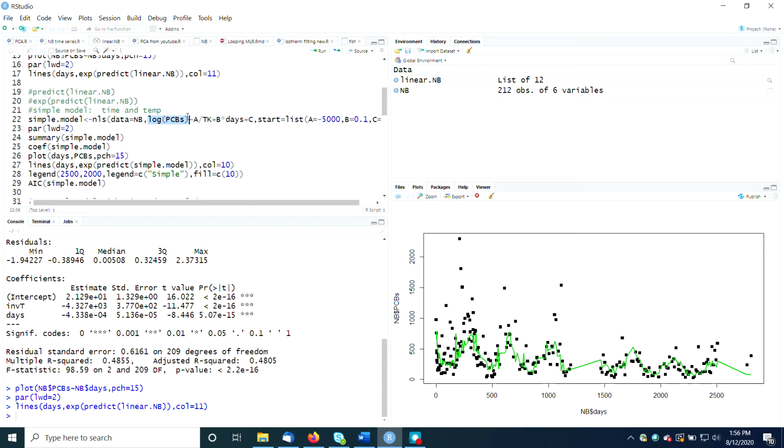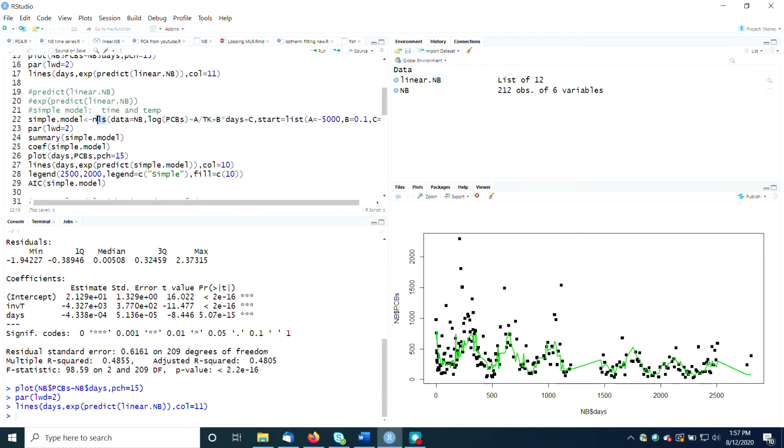In this, I'm going to be using the actual PCB concentration, and then within the R software, I'm going to take the log of it. When you use the command log in R, you're getting the natural log. If you want a base 10 log, you have to use the command log10. Okay, so this is going to be the natural log of the PCBs as a function of my slope term A divided by the temperature in Kelvin, no longer the inverse temperature, the temperature in Kelvin, plus B times the number of days plus C. Okay, so that's my model.